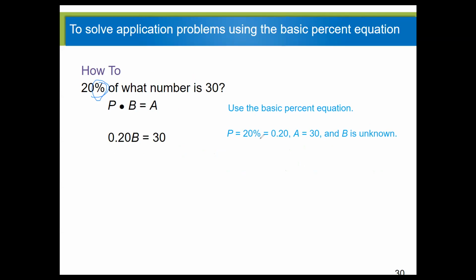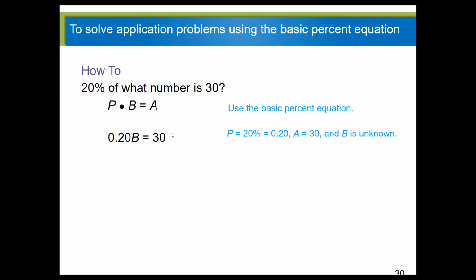And 20%, in case you were unaware, is equal to 0.2 because percent is out of 100, 20 out of 100 is the same thing as saying 0.2. And then our amount is 30 because that's the end result.